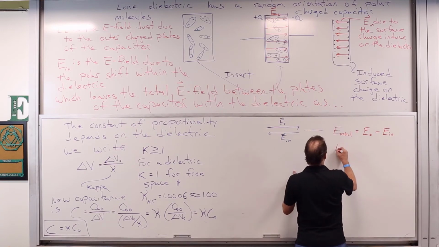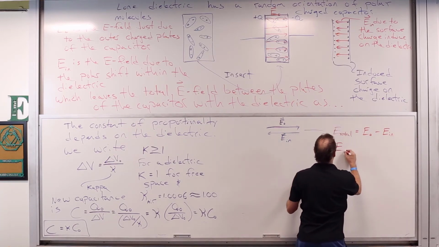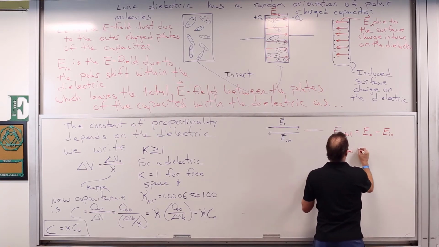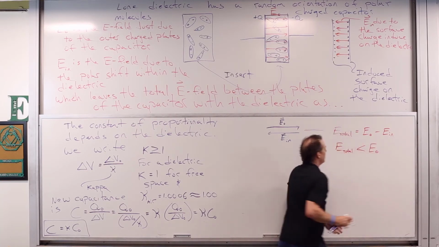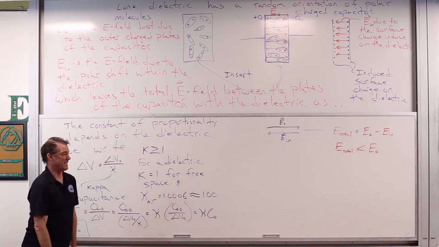So that E total is less than the electric field that was there when the dielectric was not.